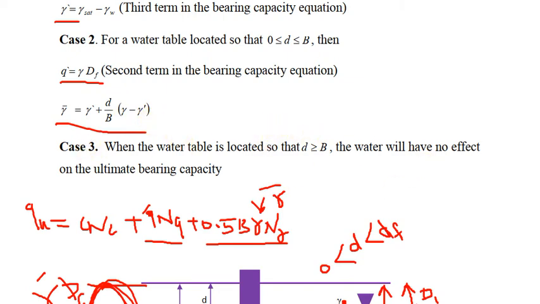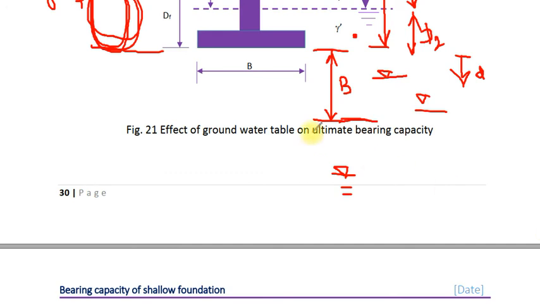In the third case, when the water table is far from the base of the foundation, located at a distance greater than B, there is no effect on any term of the ultimate bearing capacity.